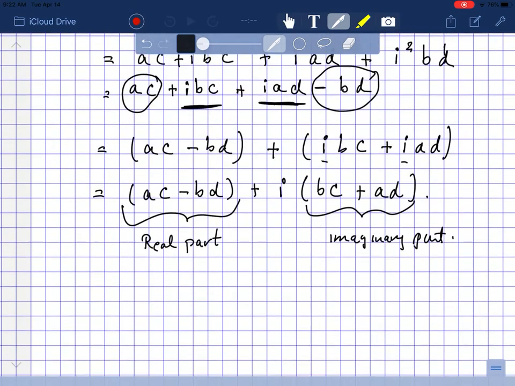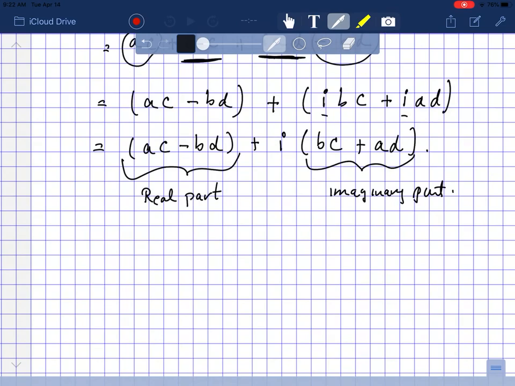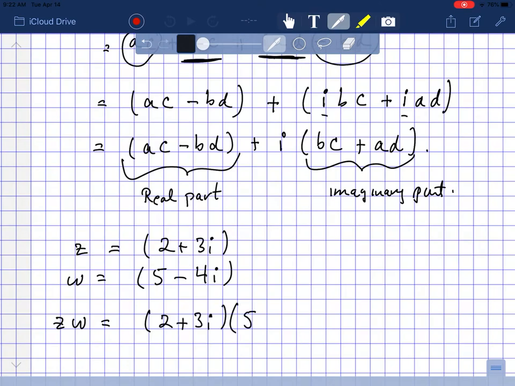Okay, so let's look at an example. So suppose I have z equal to 2 plus 3i, and I have w equal to 5 minus 4i. So let's multiply these two complex numbers together. z times w. This is going to be 2 plus 3i times 5 minus 4i.